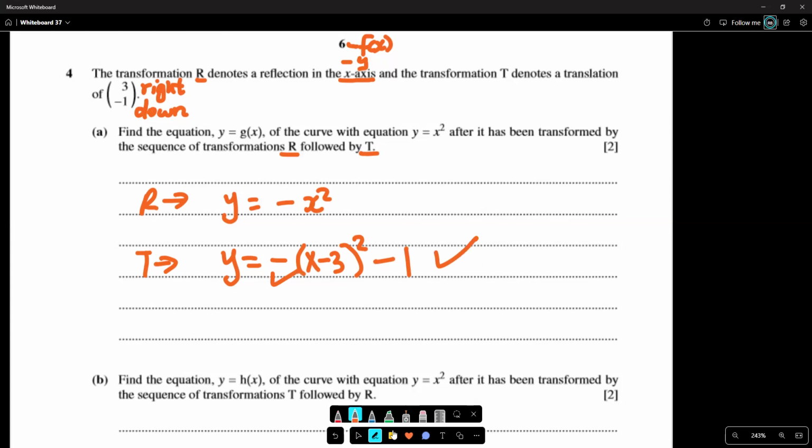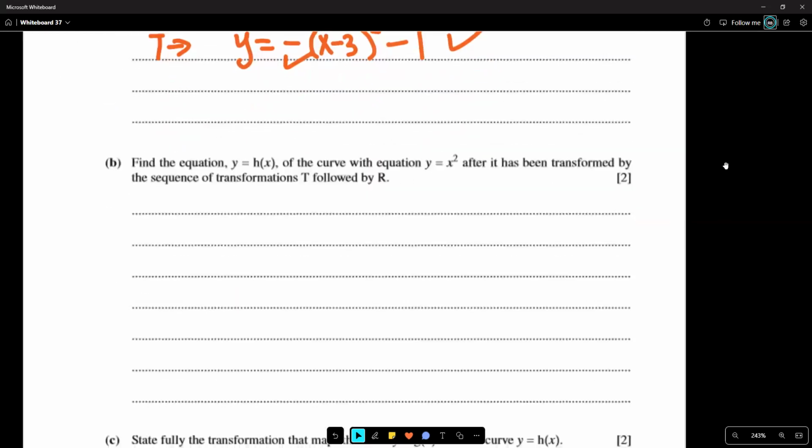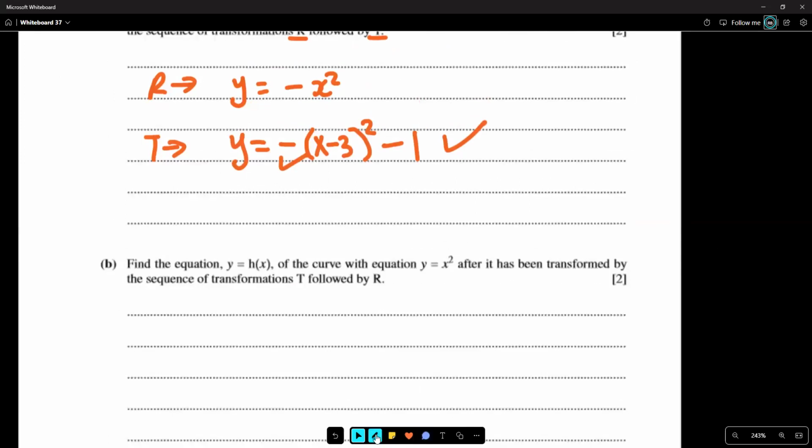Let's go to the next one. The next one, they say find the equation of h. Actually, let's write this as g of x equals minus x minus 3 squared minus 1.